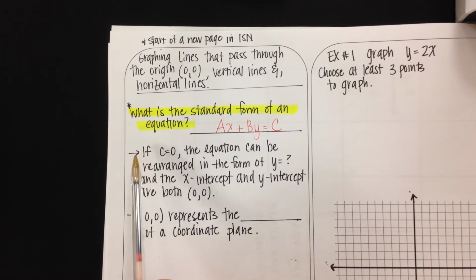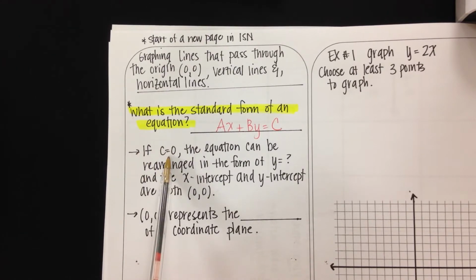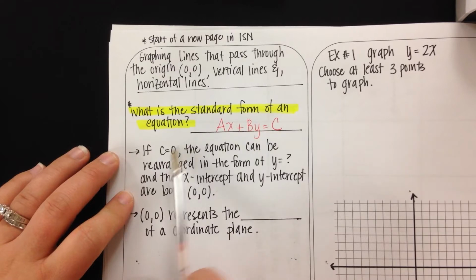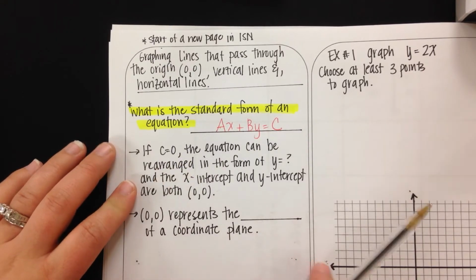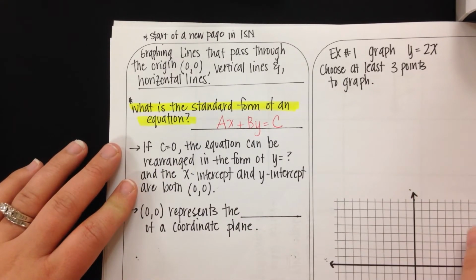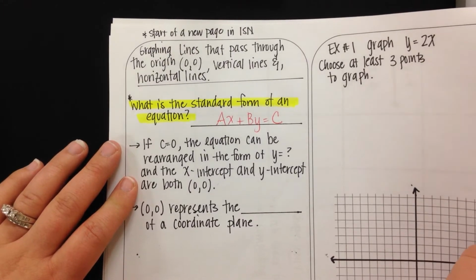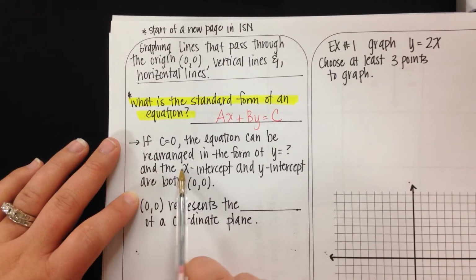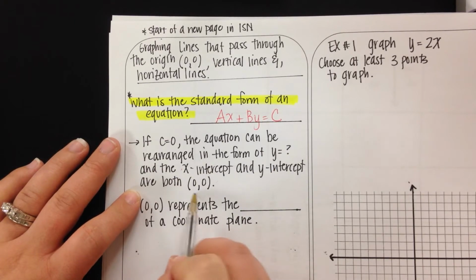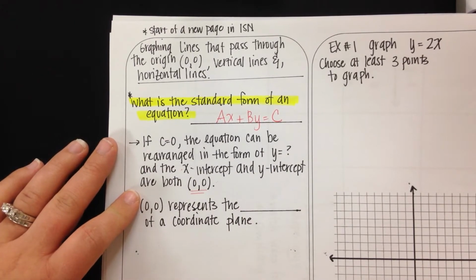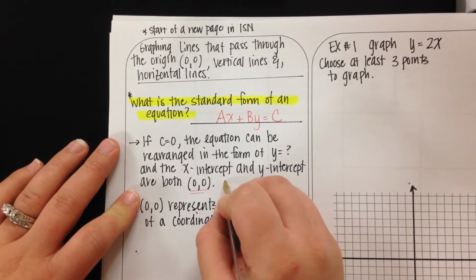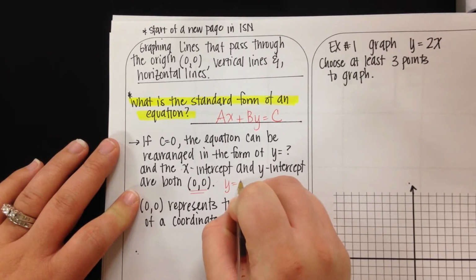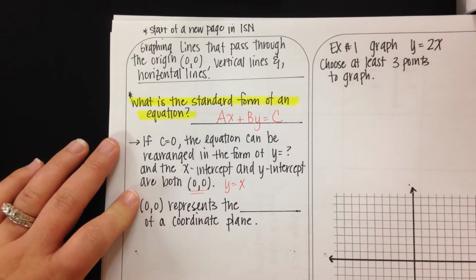So let's imagine this. If C equals 0, the equation can be rearranged in the format of Y equals a number, an expression, okay? And the x-intercept and the y-intercept are both 0, 0. So if you have a graph or an equation that's in this format, y equals x.